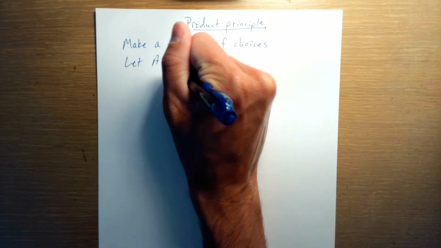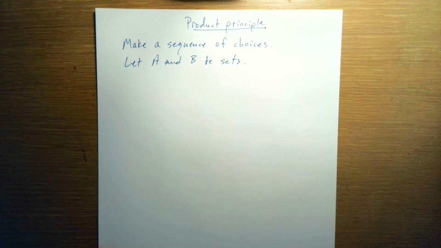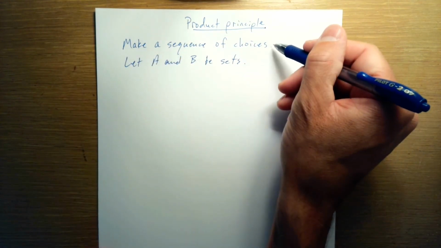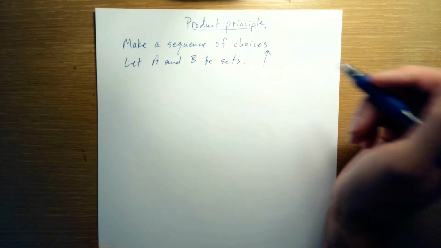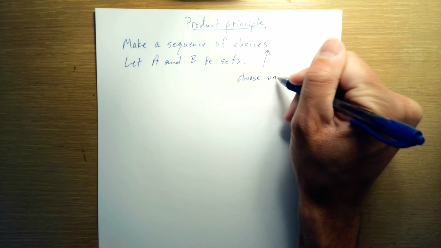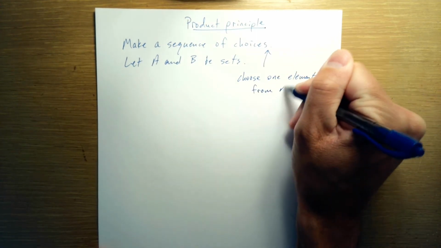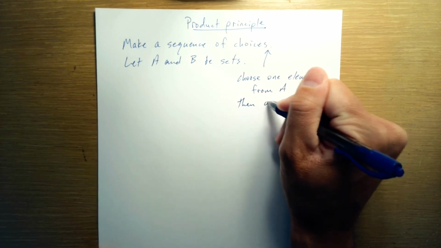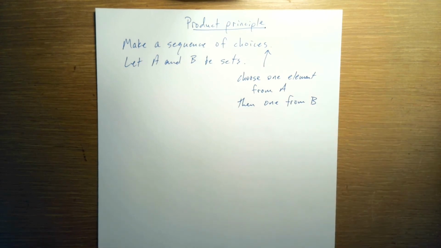So let's let A and B be sets. So we want to make a sequence of choices, and here we're saying now that we have our 2 sets, we're going to choose one element from A and one element from B. So our final outcome will be this ordered pair, where we have one element from A and one element from B.